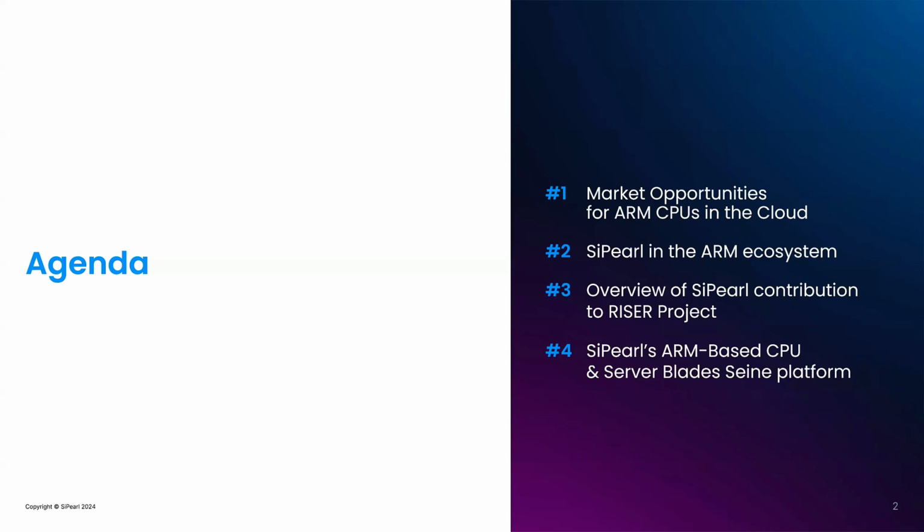After that, we will have an overview of the Riser project, what SiPearl's contribution to the Riser project is, and what would come after the Riser project. And I will conclude my presentation with SiPearl's ARM-based CPU, presenting our server blade and our first CPU, RIA 1.